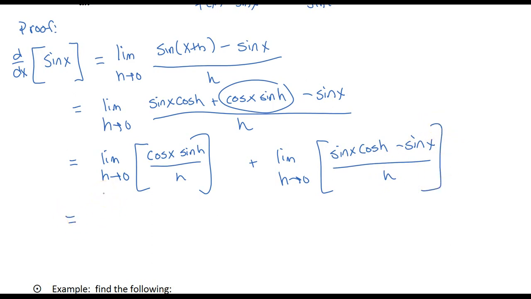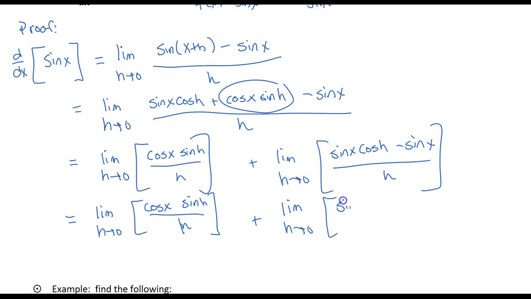Let me go one more step: the limit as h approaches 0 of cosine of x sine of h divided by h. And then I'm going to go ahead and factor out the sine of x.